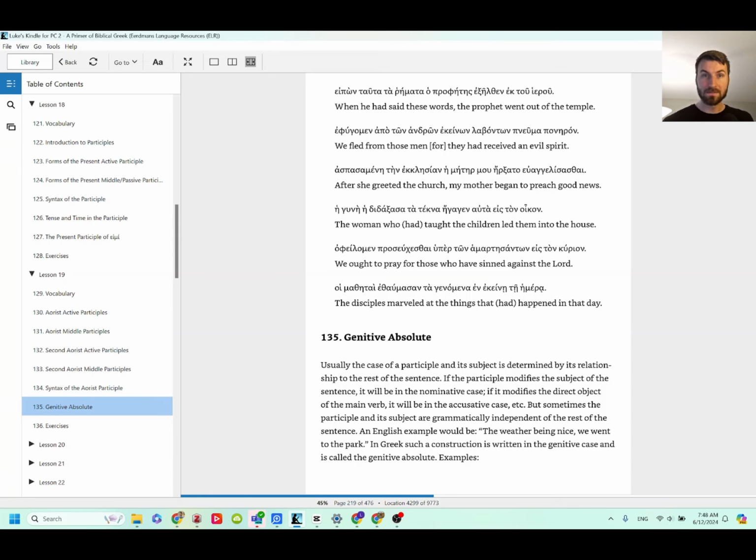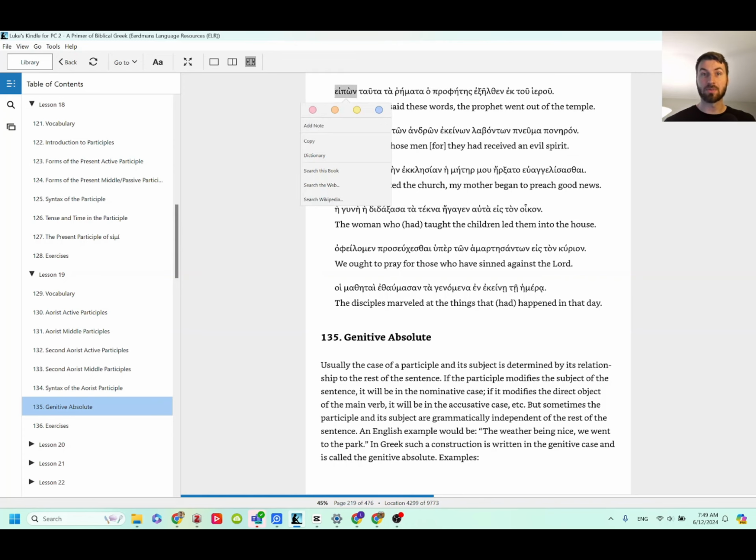Looking up here, these are just normal aorist participles. This is the typical use of a participle. Like here, saying these words, the prophet went out of the temple. Saying here is aorist, so that's why it has "when he had said," or maybe "after he had said." This is nominative masculine singular, which reflects the nominative masculine singular subject of the main verb.